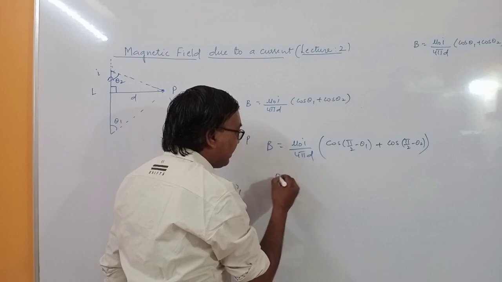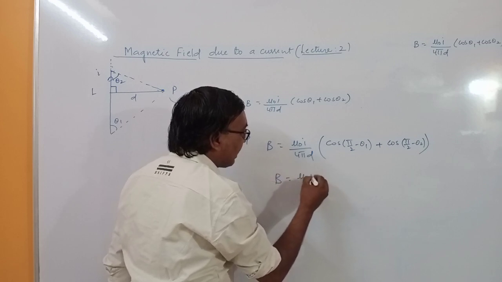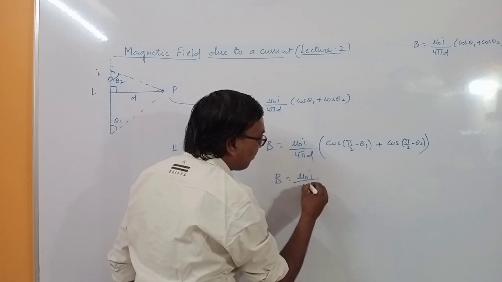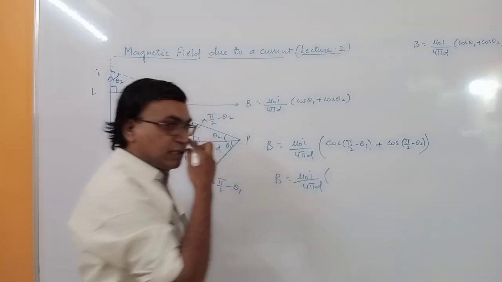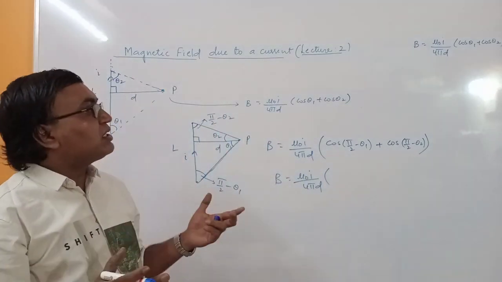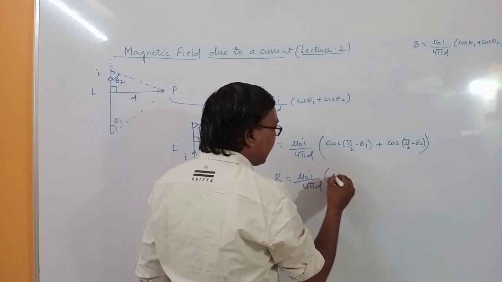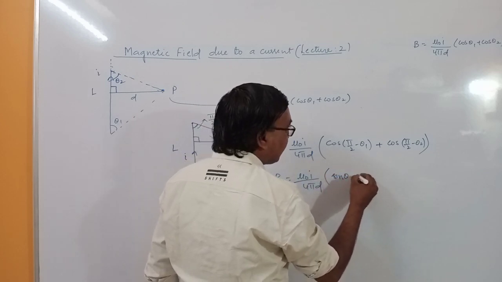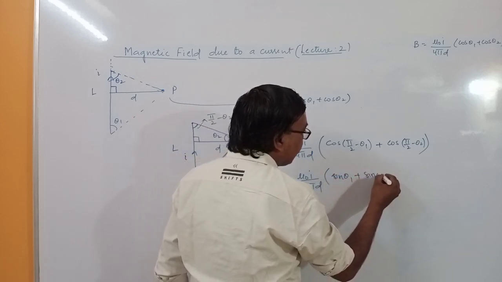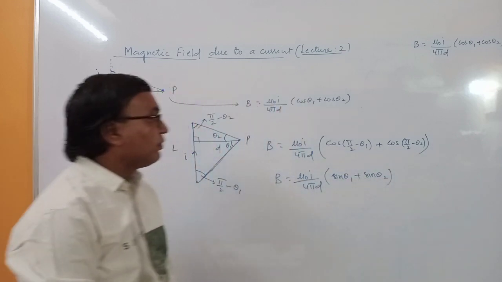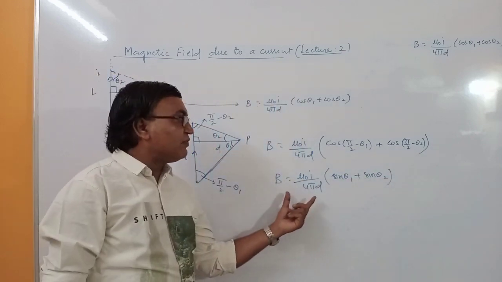So magnetic field B is equal to mu naught I upon 4 pi d, cos 90 minus theta. Cos 90 minus theta is sin theta. So sin theta 1 plus sin theta 2. So you can use this formula also.